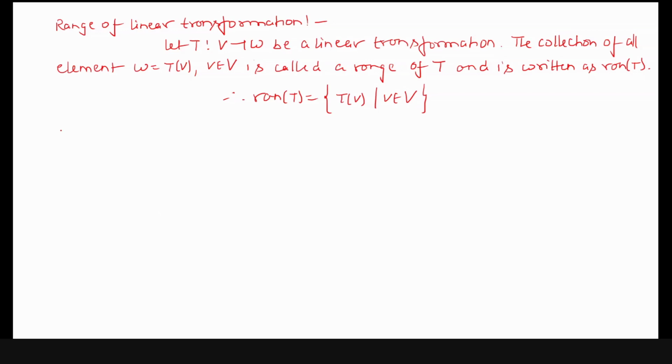Then what is the kernel of a linear transformation?